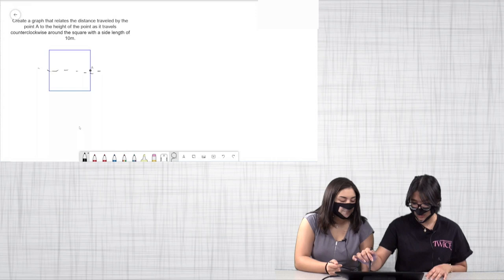In this episode, we work to create a new set of graphs that represent a new relationship. This time, our goal is to create a graph that relates the distance traveled by the point A to the height of the point as it travels counterclockwise around the square with a side length of 10 meters.